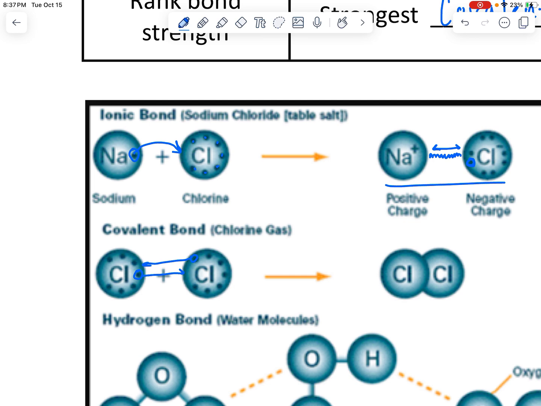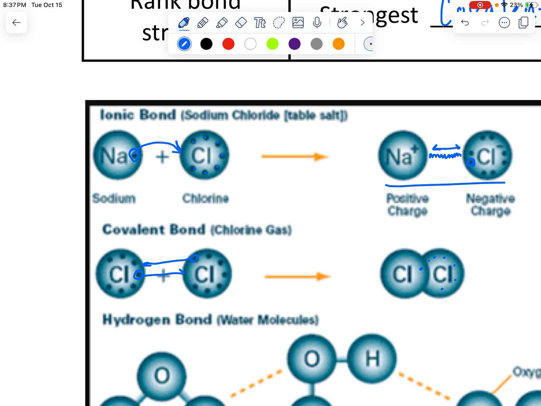It doesn't work that way. But if they can come together and share, so here, I'll do 2 different colors. Let's say that this color, oh, I forgot to count, 1, 2, 3, 4, 5, 6, 7. Those aren't very equally spaced, but there's the 7 that the one on the right had.